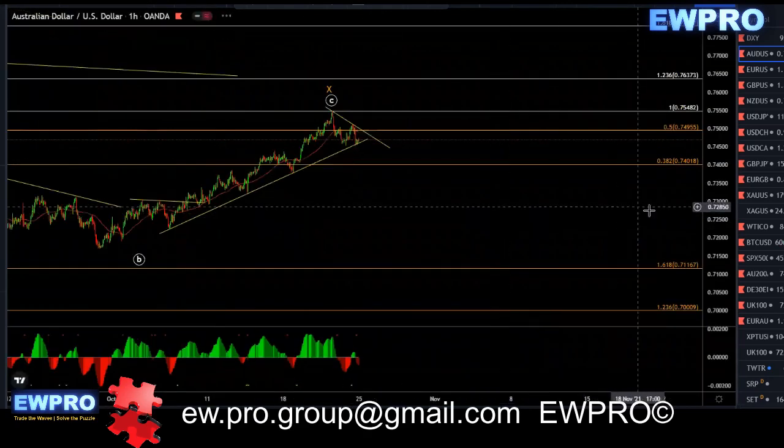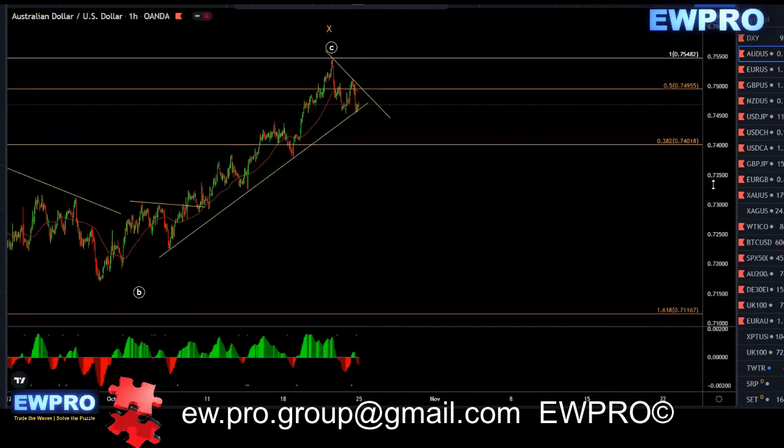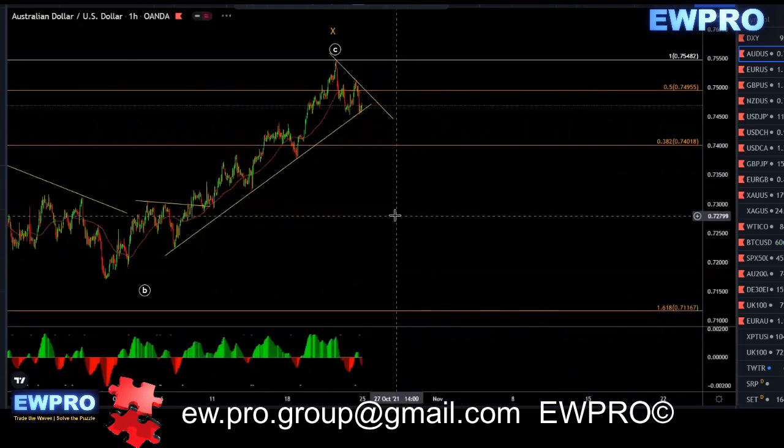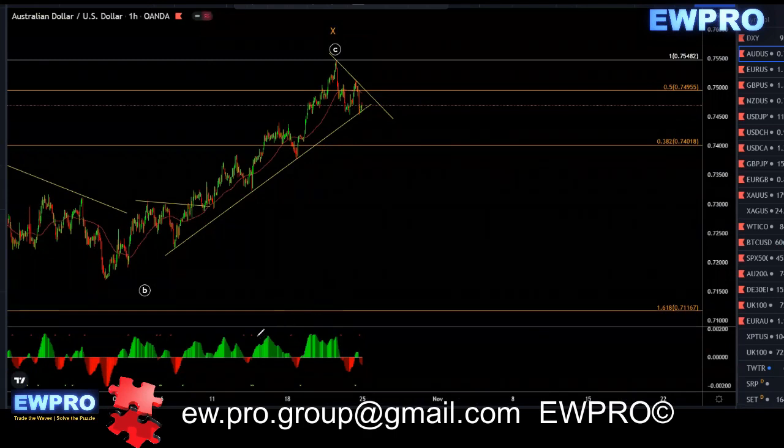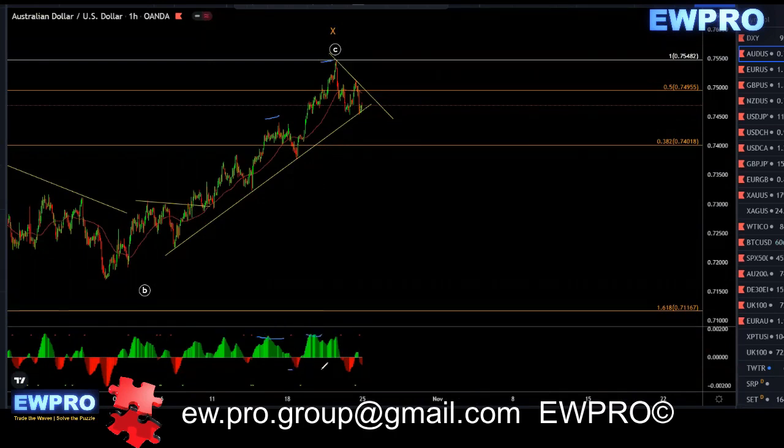On the H1, it's quite difficult still because we don't have any bearish divergence, and we do have a possible bull hidden here.